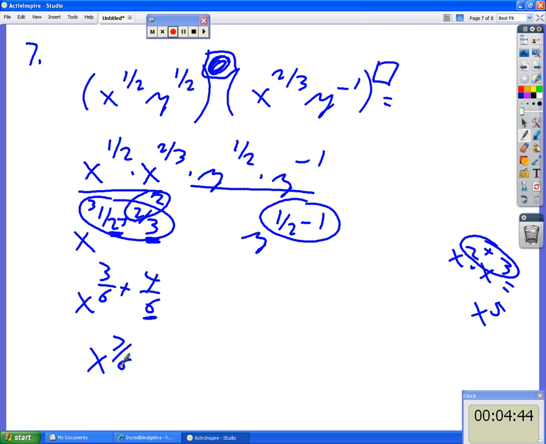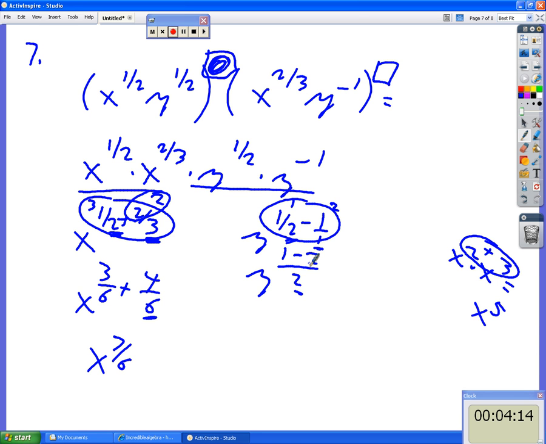That's my x answer. On the y's, again, my common denominator is 2. So 1/2, and minus 1. What is 1? Well, it's 1 over 1, which is the same as 2 over 2. That 1 goes into this 2 twice, and 2 times 1 is 2.